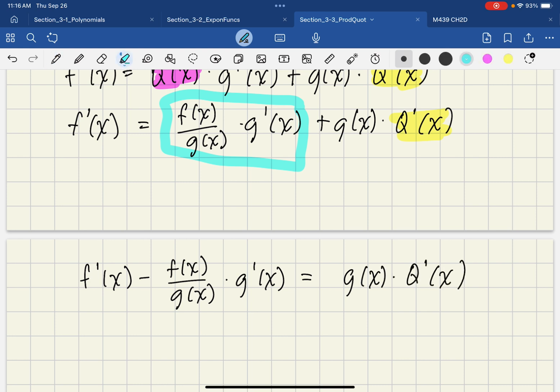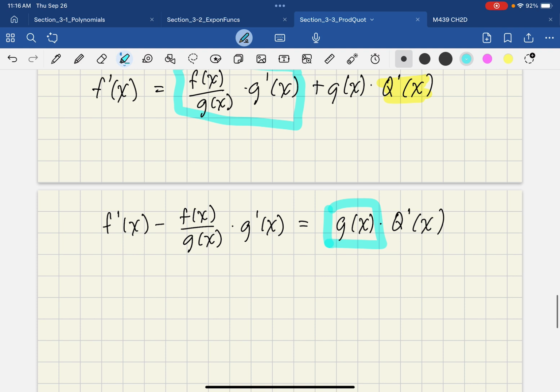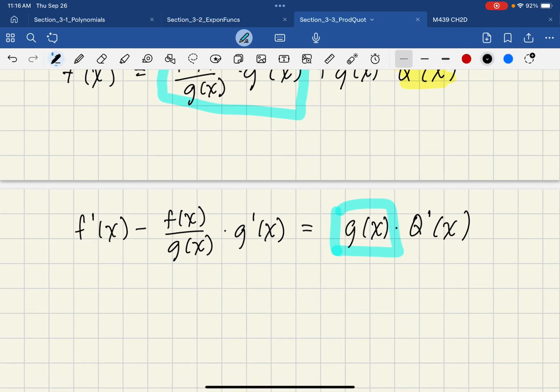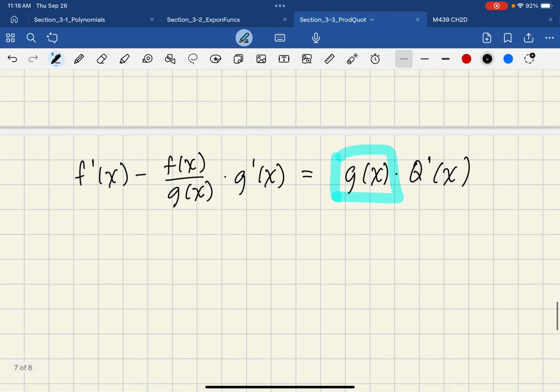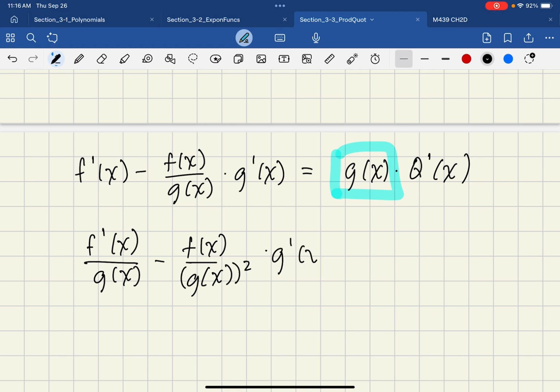The next thing to do would be to divide through by g of x, and we'd end up with f prime of x all over g of x minus f of x over g of x, quantity squared, times g prime of x equal to q prime of x.